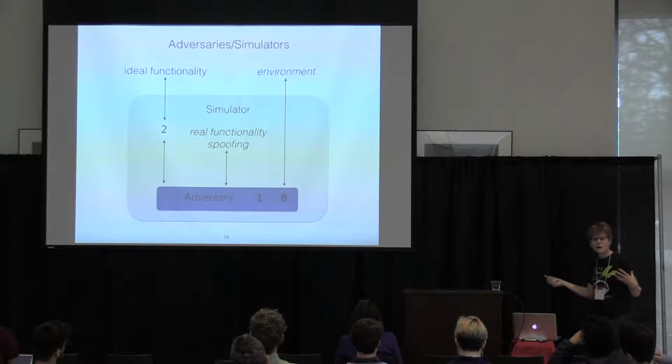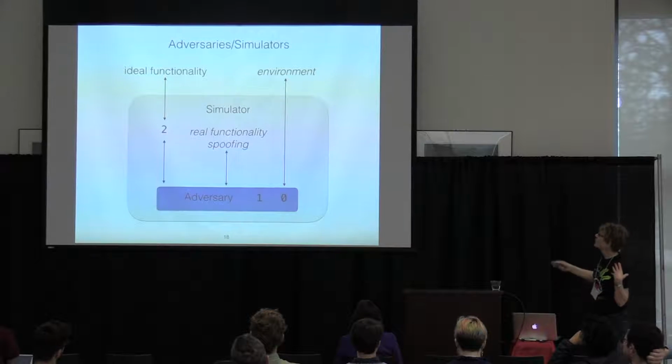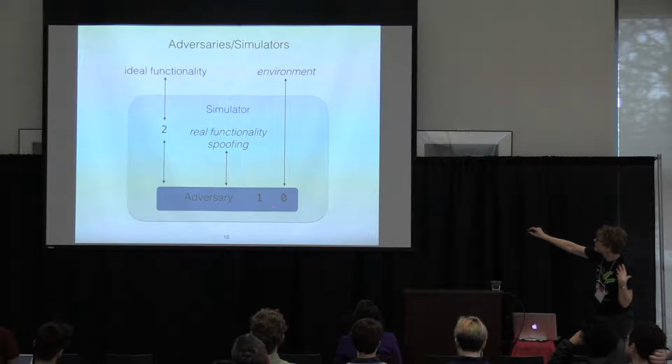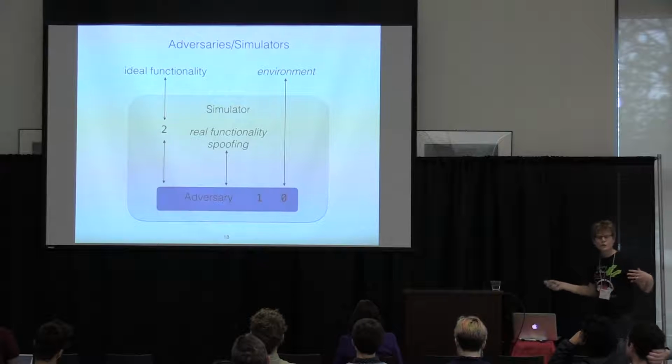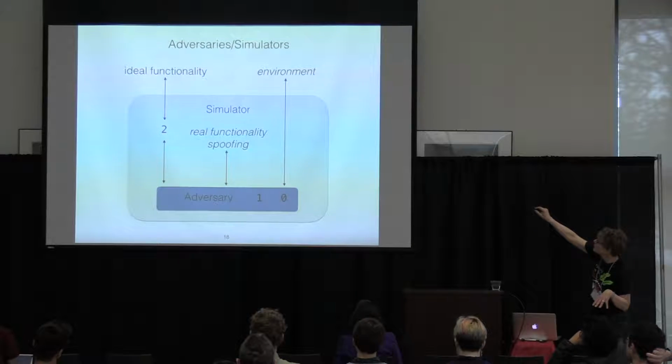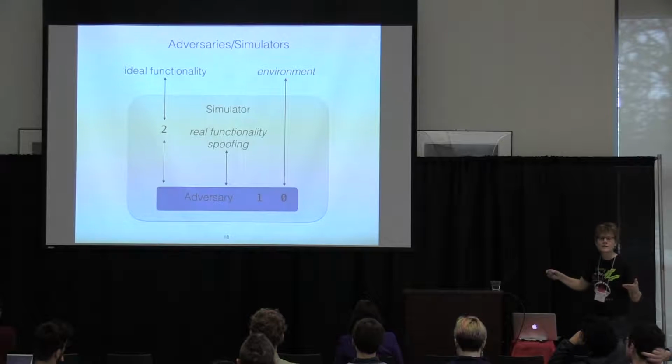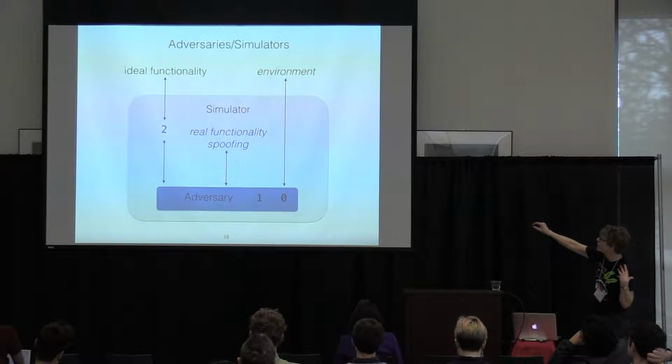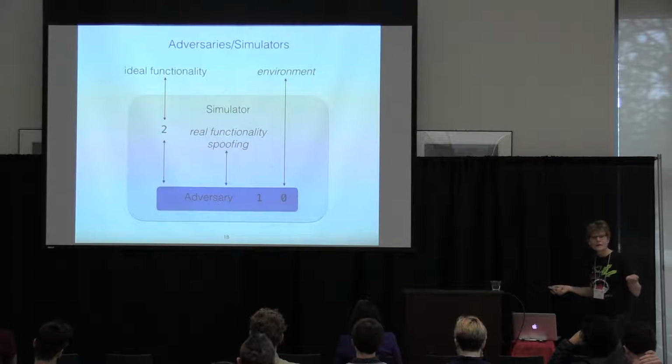That's where the simulator is going to be entered. But the environment, when it sends to 1 and 0, they just flow through the simulator. So the simulator is written to just forward these messages on. So there's a clear channel like this, but messages from the ideal functionality are caught by the simulator. The simulator can then do real functionality spoofing, trying to pretend that it's really the real functionality.